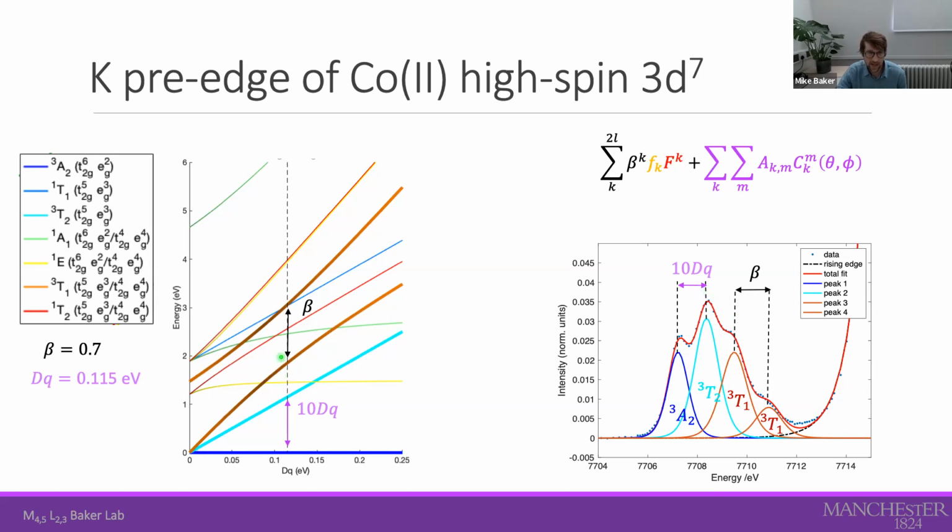And the second pair of peaks both have the same symmetry, and they are at this avoided crossing. The splitting of this avoided crossing is very much dependent on the electron repulsion, and therefore that gives us the assignment of beta based on the energy splitting between those two.